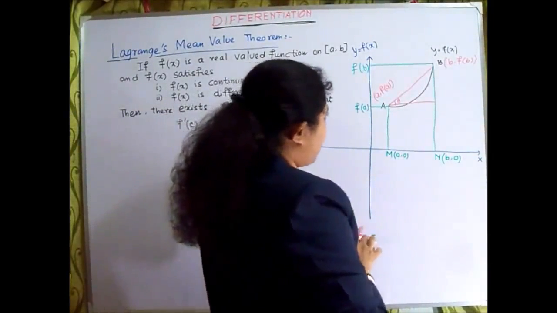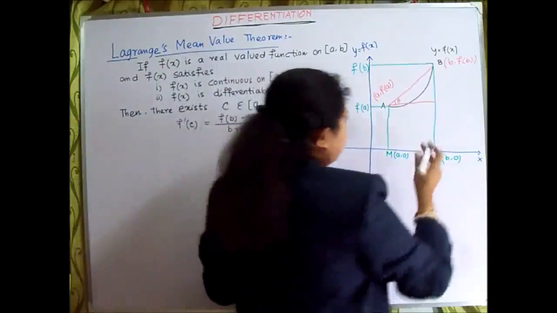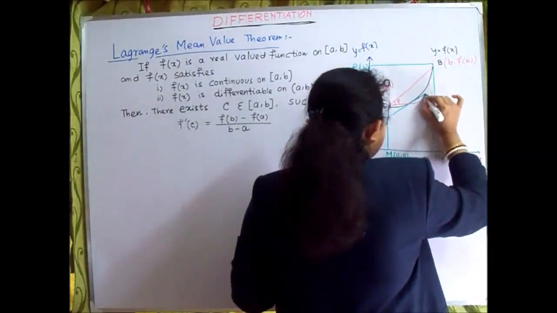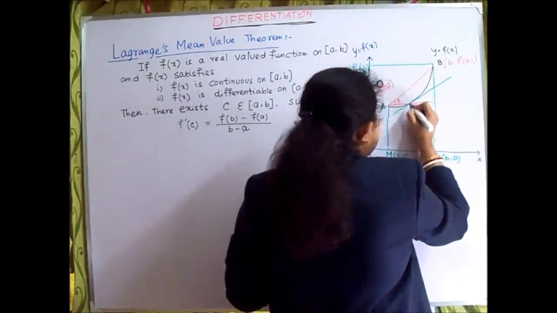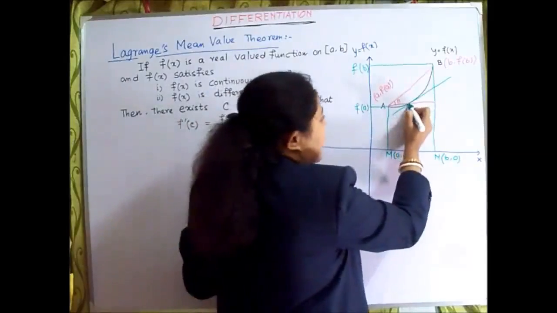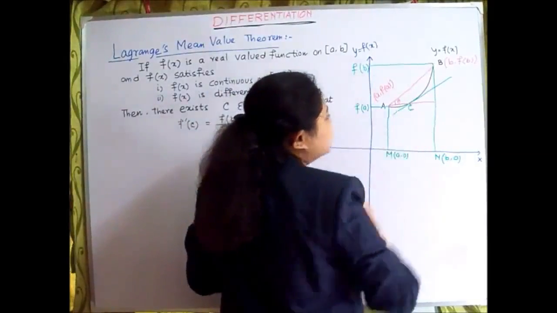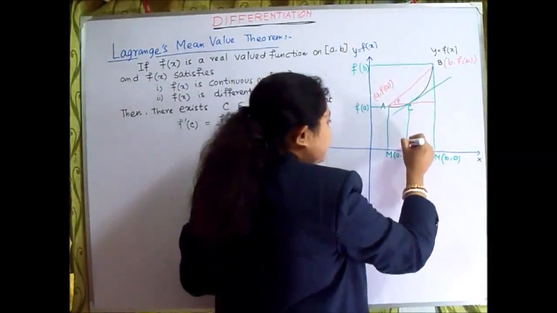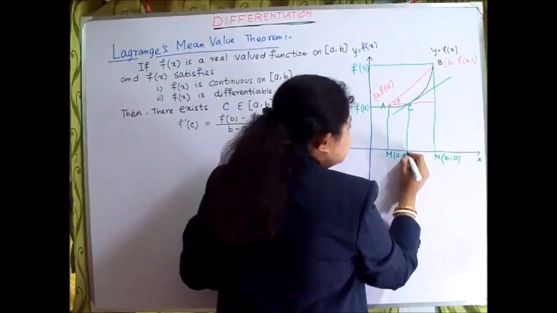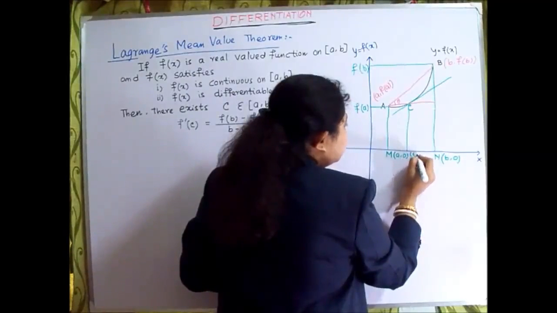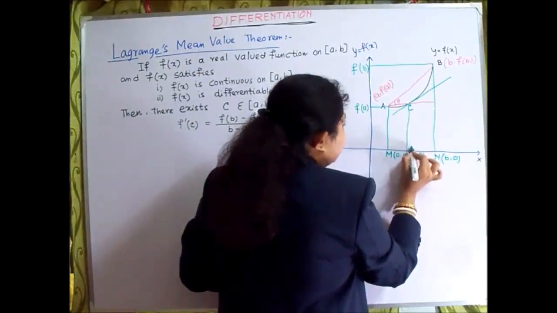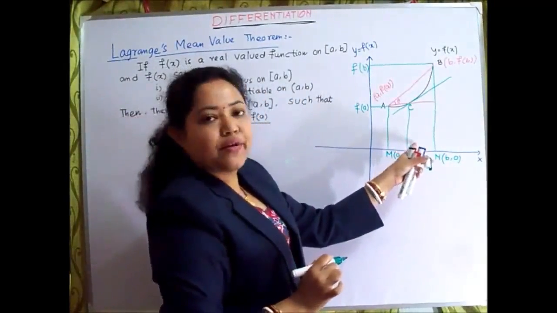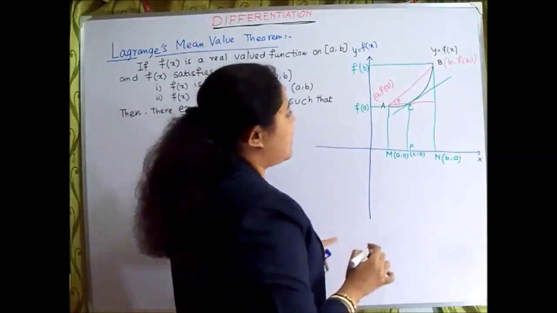Now if we draw a tangent at this point and take this point as C, right? This one is simply (c, 0). This one is P. So this point P, the coordinate of P is simply (c, 0), right?